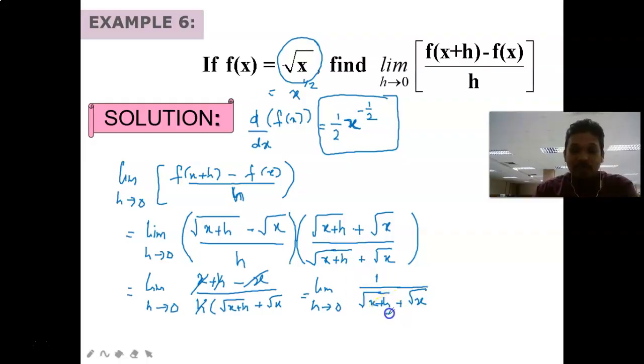There's only one h here. So when h equals 0, only 1 divided by the square root of x plus the square root of x is left, equal to 1 divided by the square root of x plus the square root of x.